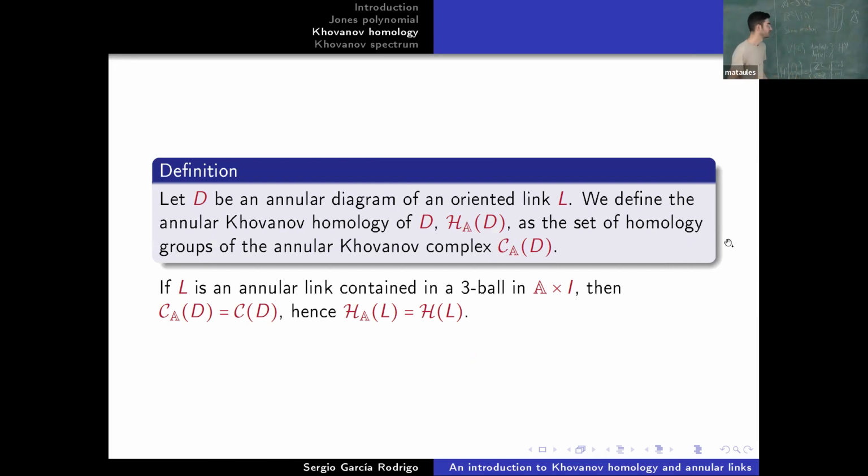And we get that those quotients are the annular Khovanov homology and are also an annular link invariant. And also, like before, if your link is inside a ball, then both homologies coincide.